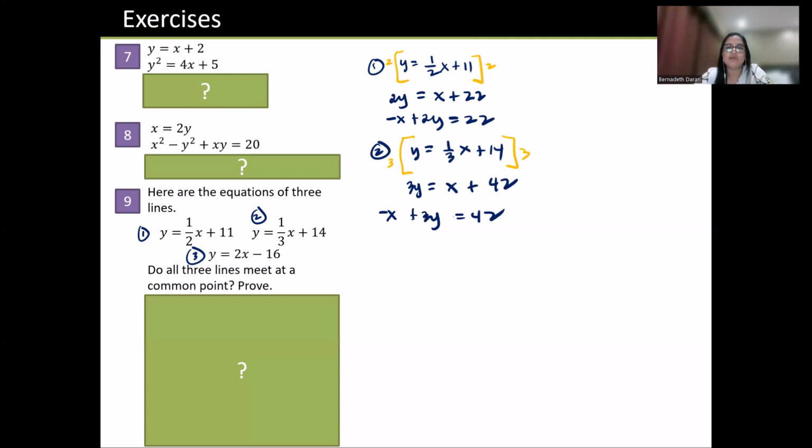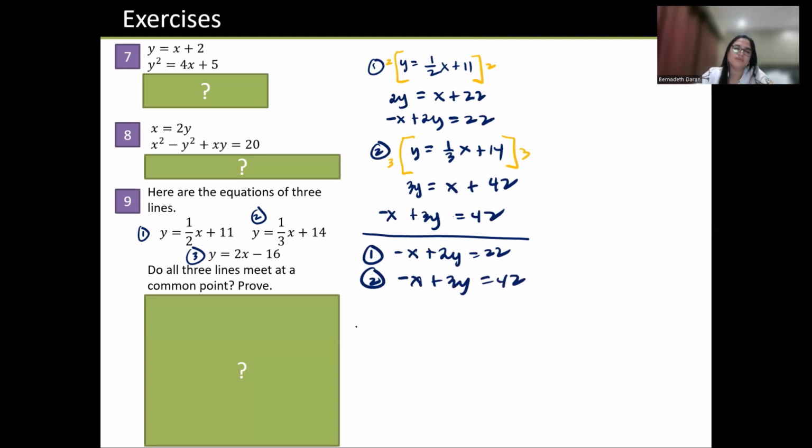Okay. Now looking at equations 1 and 2, if you'll notice, we have the same numerical coefficients. Again, let us write them. Equation 1 is negative x plus 2y is equal to 22, and equation 2 is negative x plus 3y is equal to 42. Now, do we add or do we subtract?